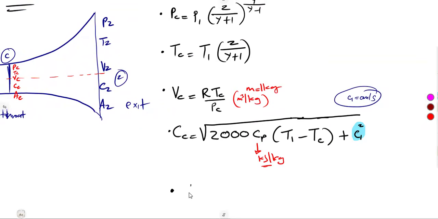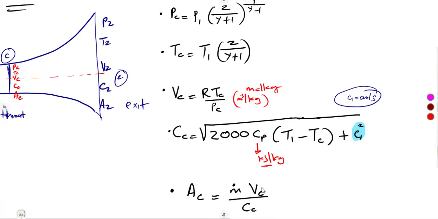Another part is the area. The area at the throat is going to be taken from the mass rate. So there you use the mass rate, kilograms per second, times the volume that you had at the throat divided by the velocity at the throat.